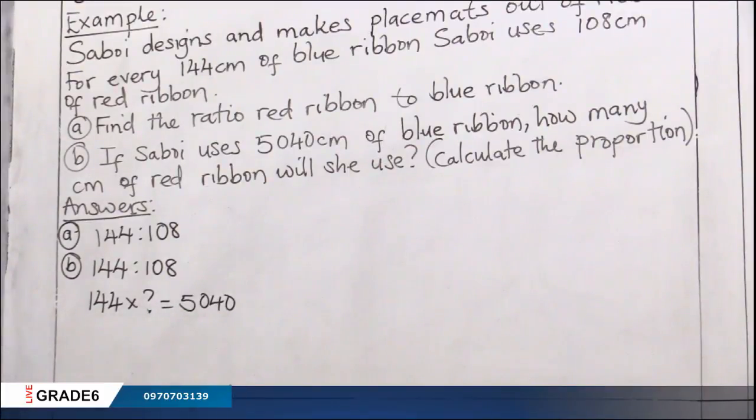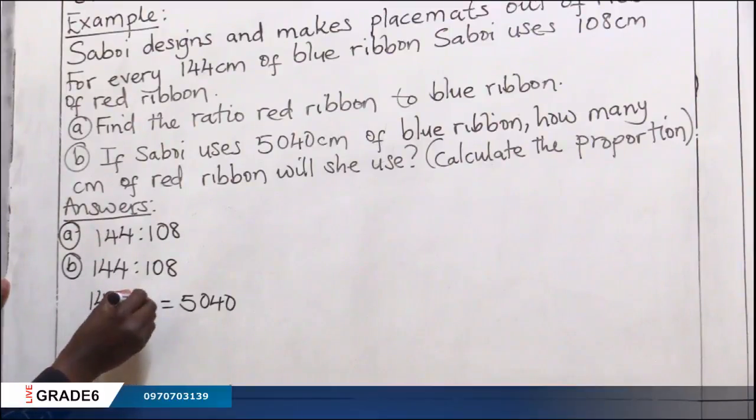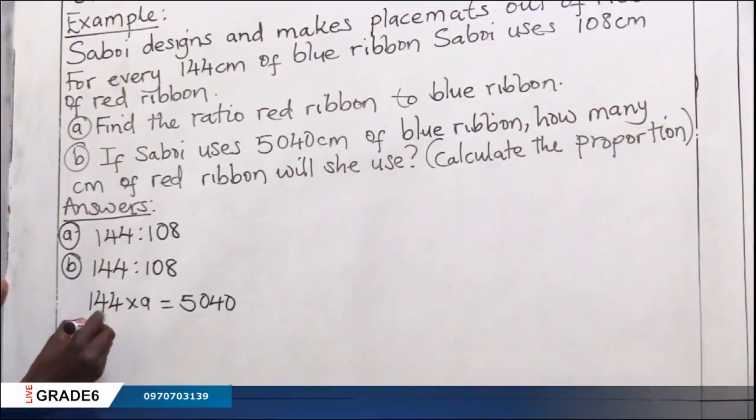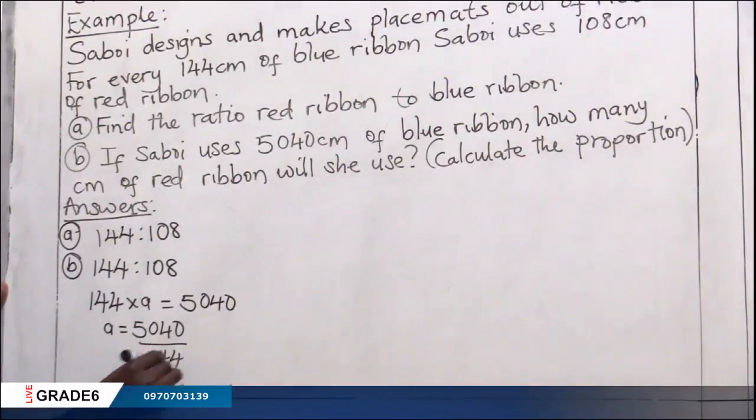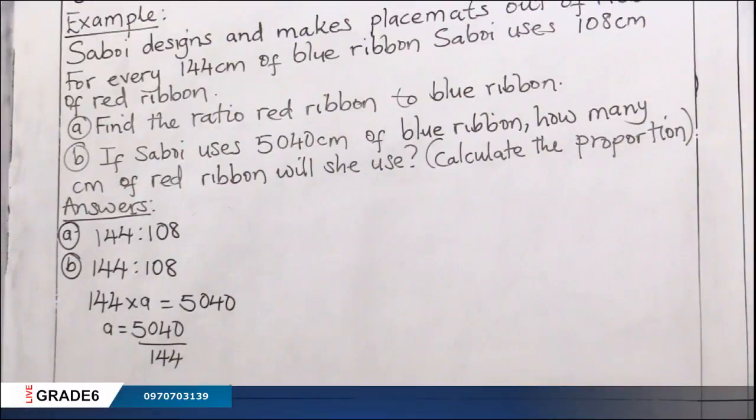So what are we going to do, boys and girls? We can say, or if you want, you can put A. Therefore, A is equal to 5,040 divided by 144. So boys and girls, what's the answer? 5,040 divided by 144. The answer is 35.